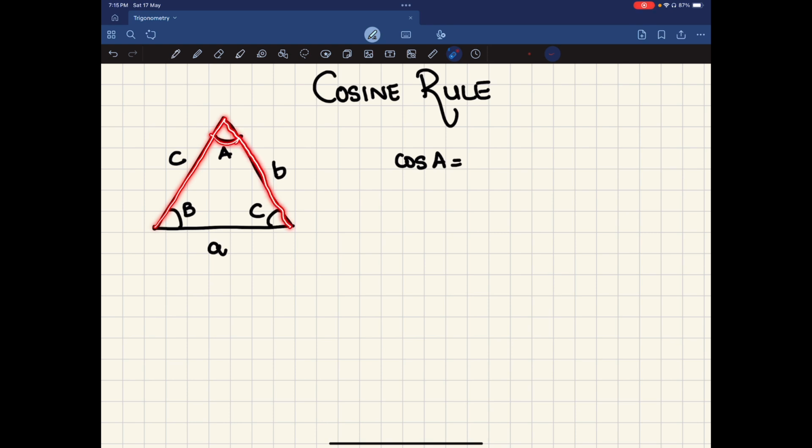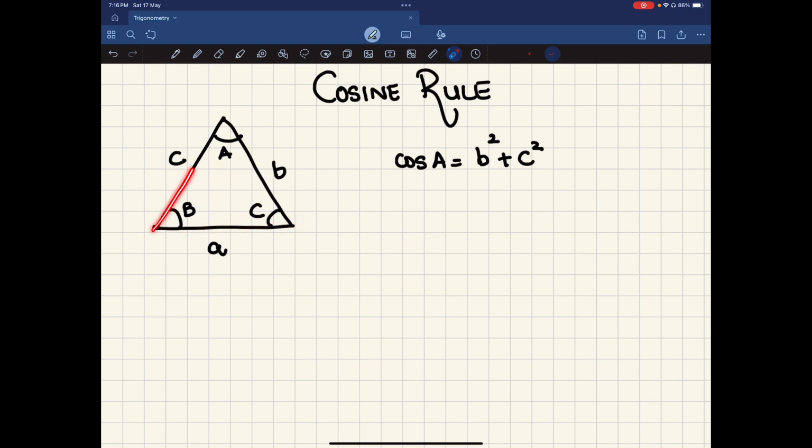Whichever angle you're required to find, figure out the neighboring sides, because you're going to square them and add them together. Since we are focusing on angle A, the neighboring sides are b and c. So it's going to be b squared plus c squared minus the third side, the side which is partner to it.